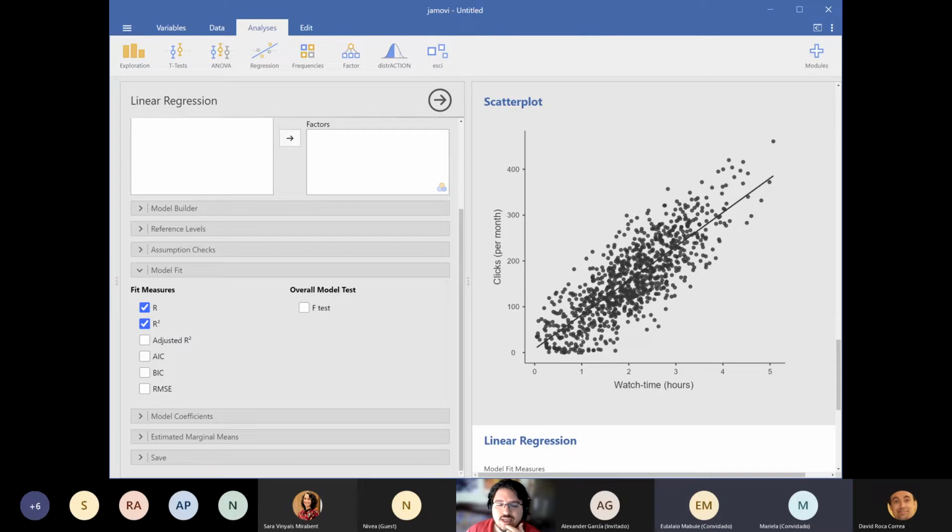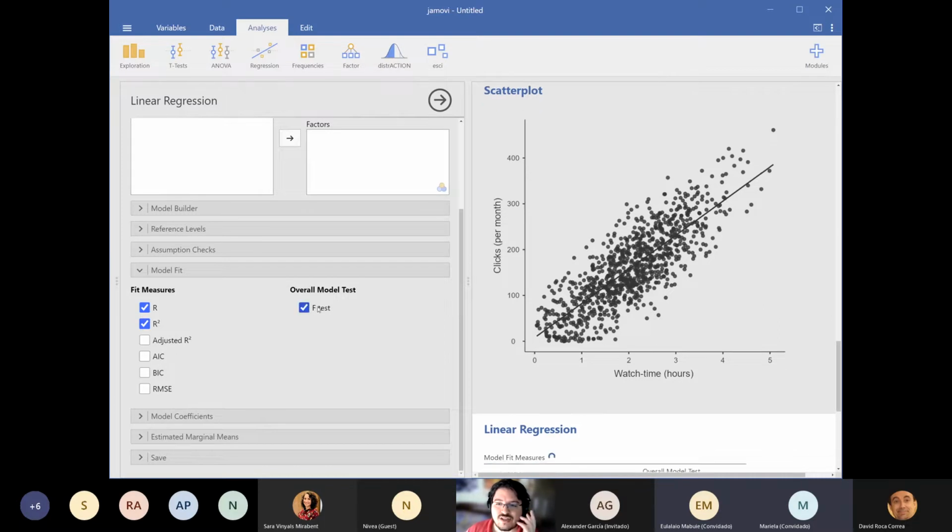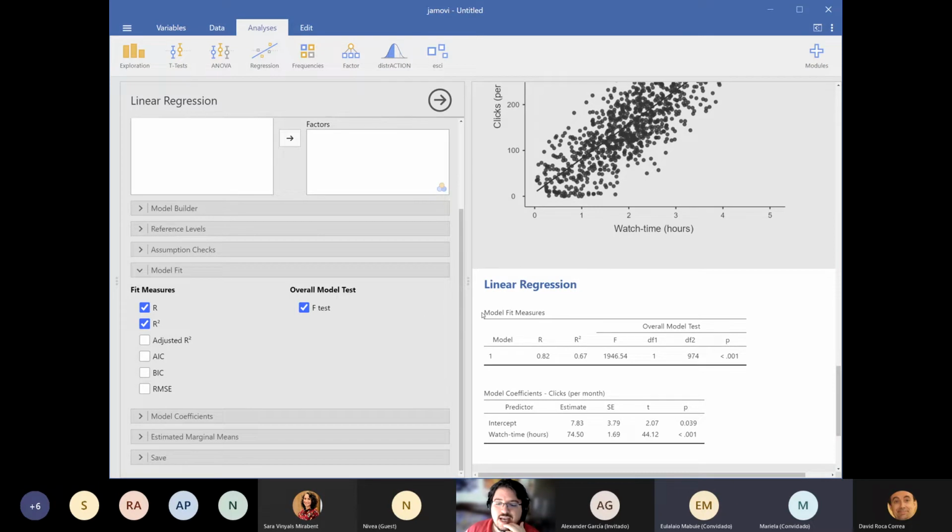Seems rather obvious that a line is a good description of the relationship between these two variables. But we may want to be sure, so we can do an overall model test. So we can test how reasonable is our assertion.